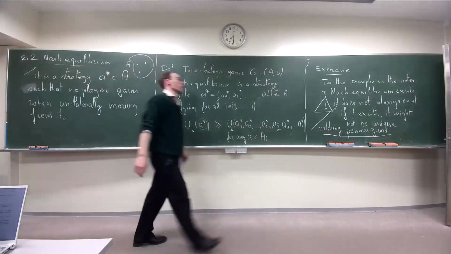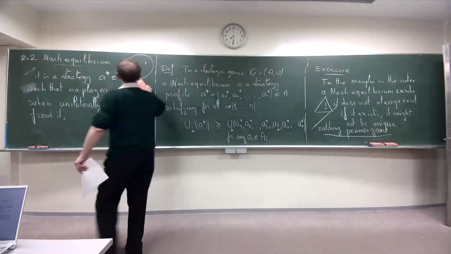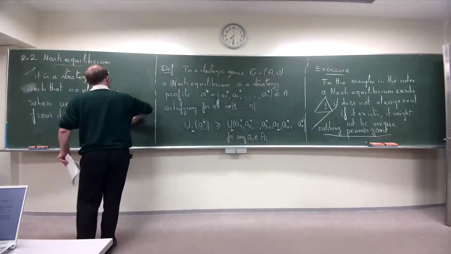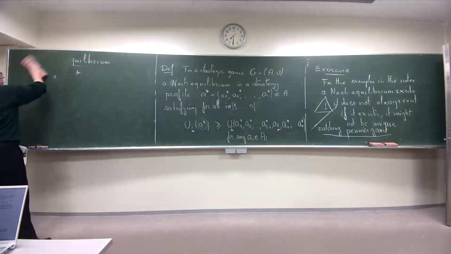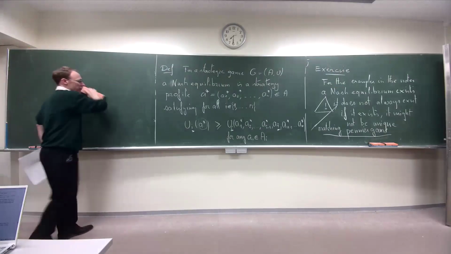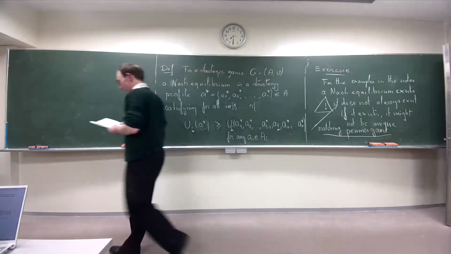And now, why Nash became famous and got the Nobel Prize. It's not because of this definition, but because also he proved that for some systems, a Nash equilibrium exists.